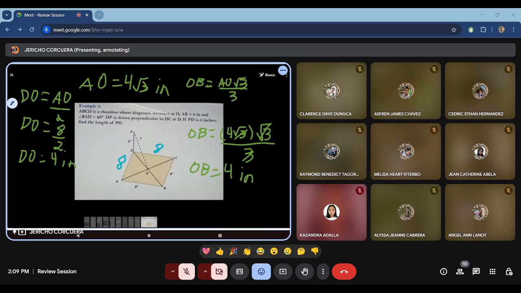So let's draw a right triangle here. We have P, we have D, and we have O. So PD is 3 and DO is 4. If you can see Pythagorean triples, so this is 5. And that is the value of PO.